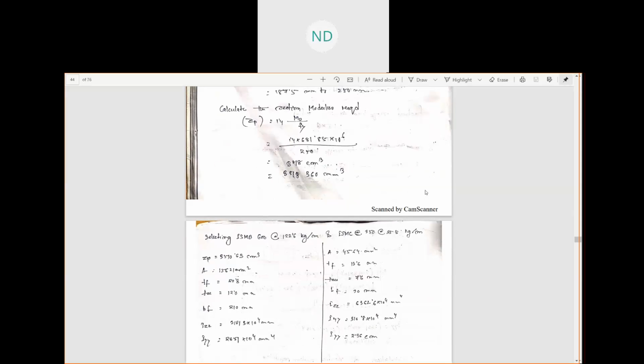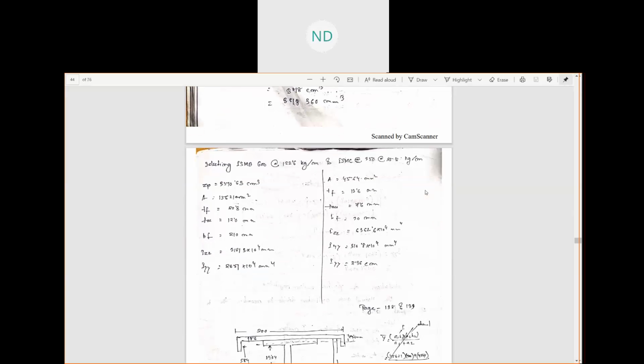Hello. We have selected this section, ISMB 600 and ISMC 300. This is 300.